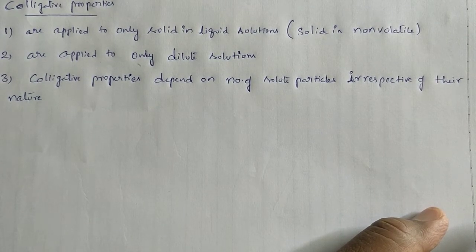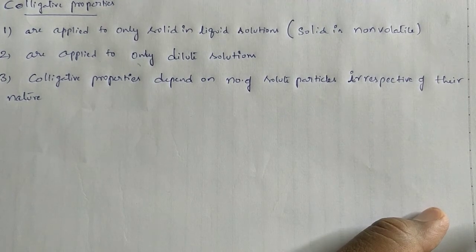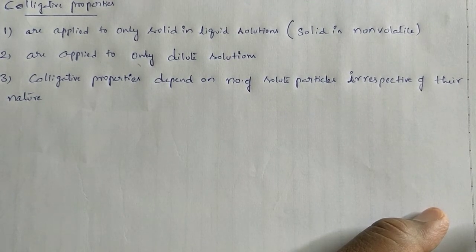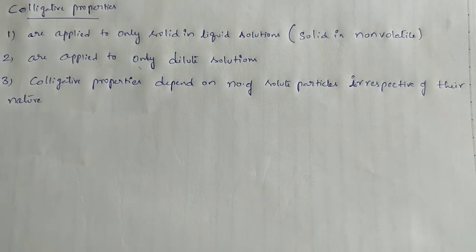Okay, before that, what are the 3 points we have discussed now? First one, colligative properties are applied to only solid in liquid solutions. Second one, colligative properties are applied to only dilute solutions. Third one, colligative properties depend on number of solute particles irrespective of their nature.